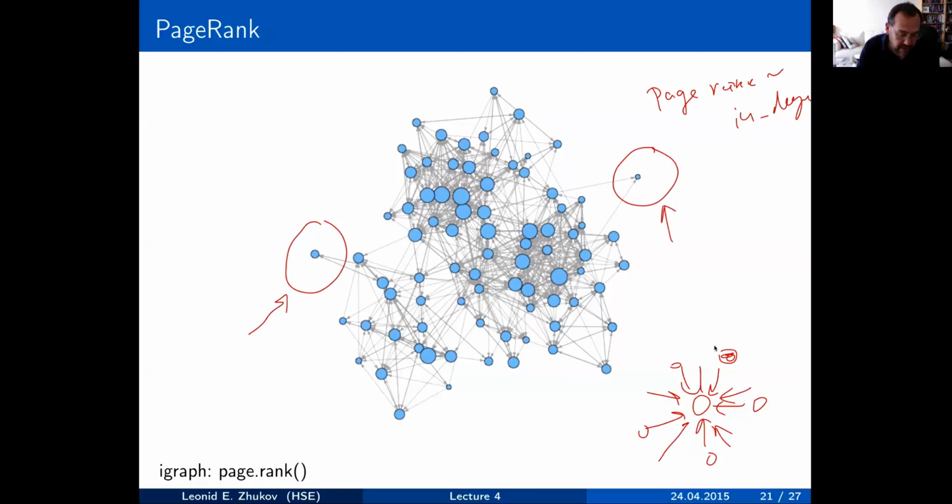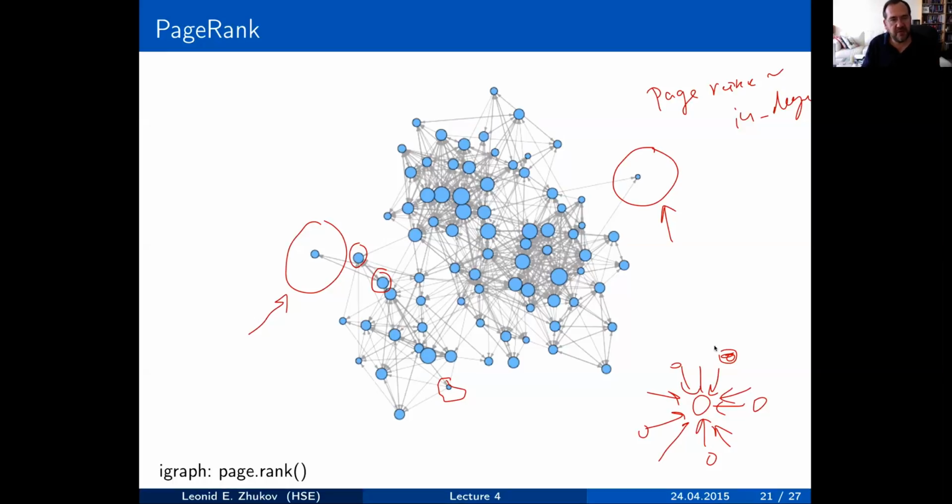The reason is that the nodes that point to that node have higher PageRanks than the nodes pointing to this node. You can also see situations where there are a lot of connections for this node, but it's less important than that one. So again, the in degree can be an approximation to PageRank, but it is not exactly PageRank.